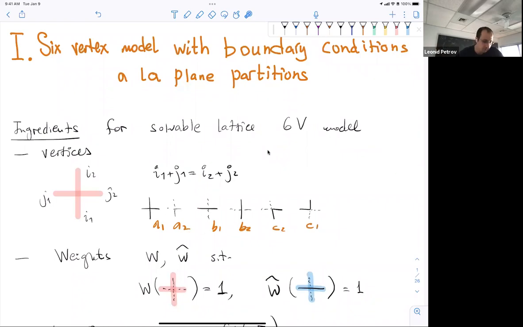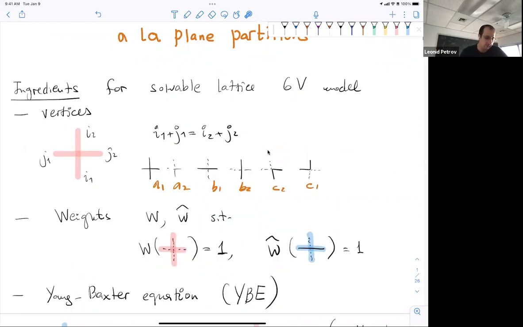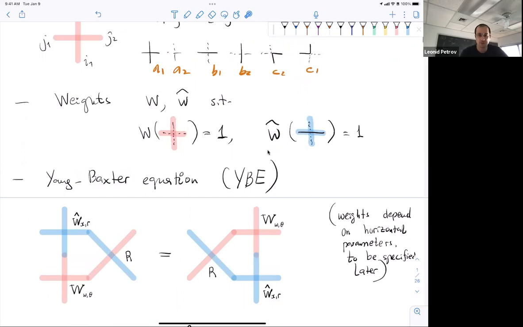I want the model to be solvable, of course, so that it satisfies the Yang-Baxter equation, which interchanges the blue and the red. I mean, they differ by a constant, so this color coding doesn't really matter.